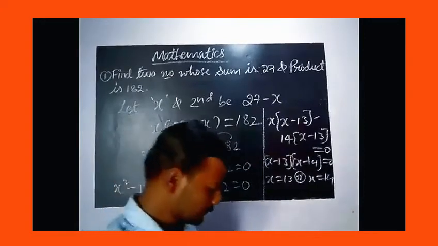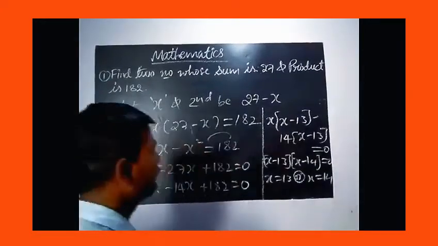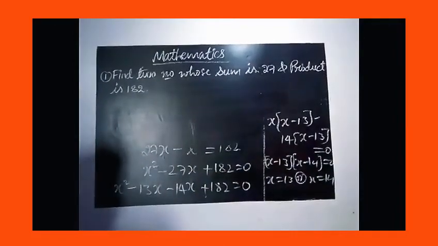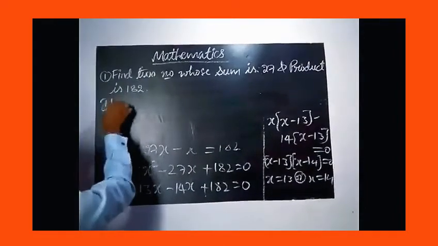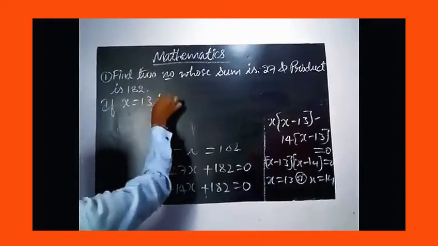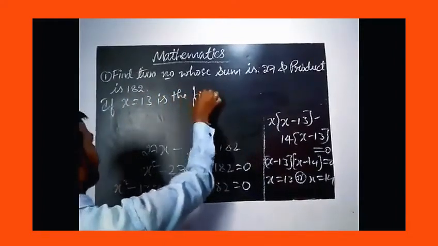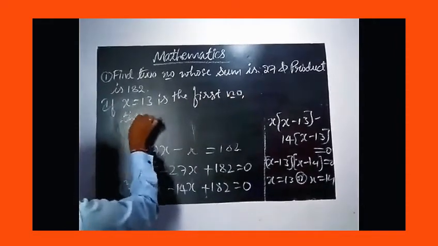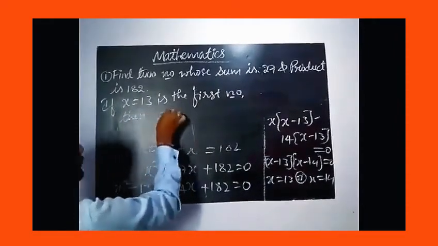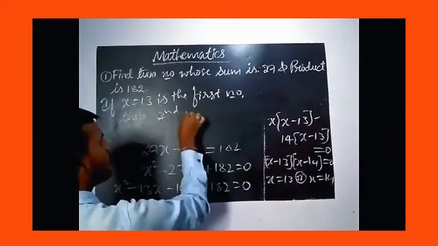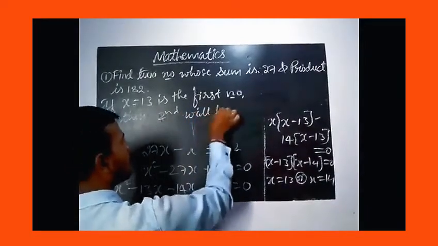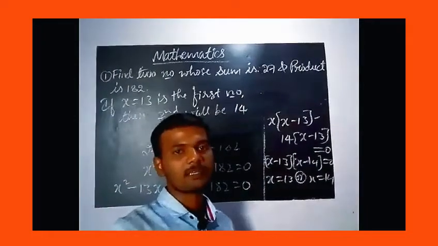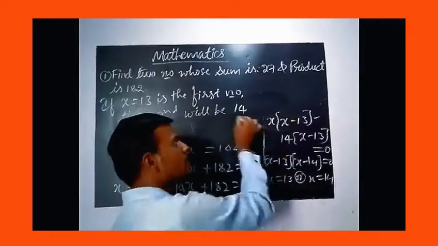Here, if x is equal to 13 is the first number, then the second number will be 14, because 27 minus x is the second number, so 27 minus 13 is 14.